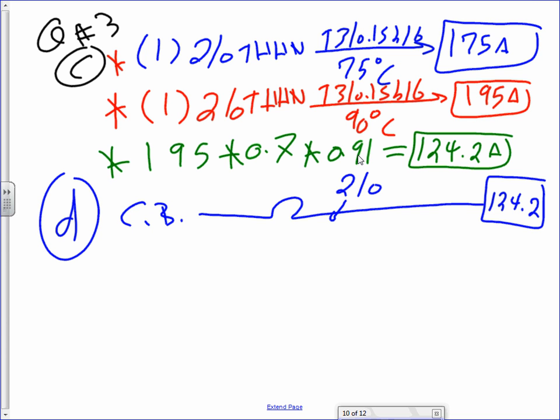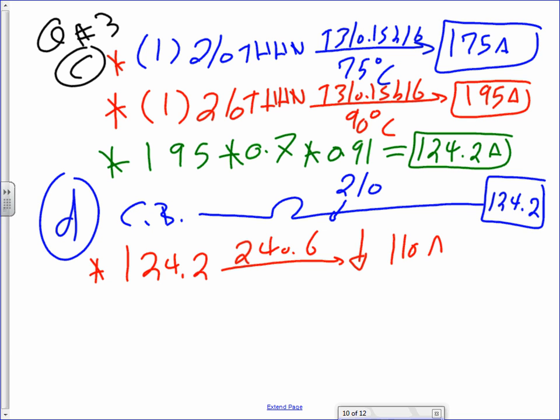For the circuit breakers, you take the 124.2, you take it to 240.6, and now here you can go down. I can go down to 110 amps, right? I can go down to 110 amps.